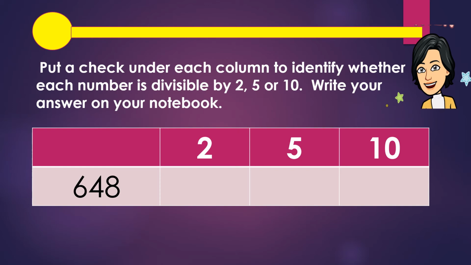Is it divisible by 2, 5, or 10? Answer is 2 only. Why? Because 648 is an even number or ends with 8. So therefore 648 is divisible by 2.